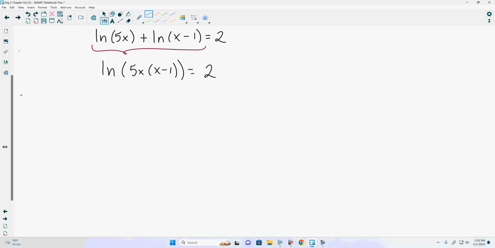So that's the same. We would still apply a base to both sides, and it would be e. Natural log, ln, its base is e.